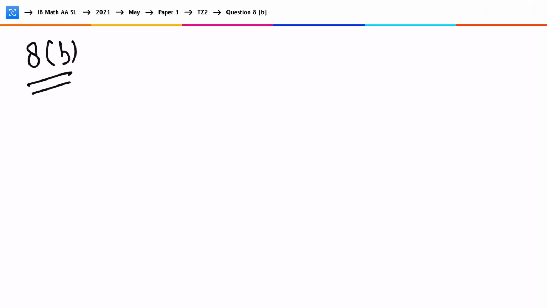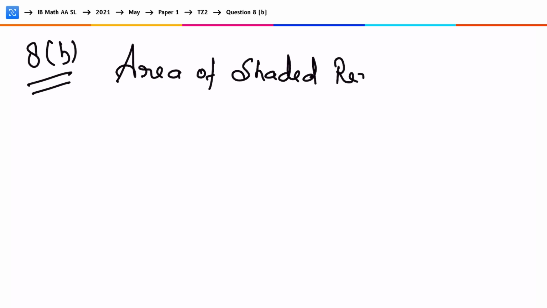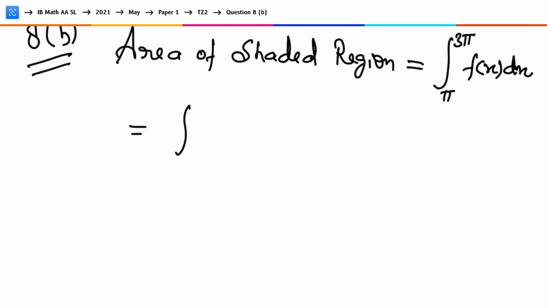We need to find the area of the shaded region, which is given by the integral from pi to 3 pi of f of x dx, which is equal to the integral from pi to 3 pi of 6 times 1 plus cos x dx.